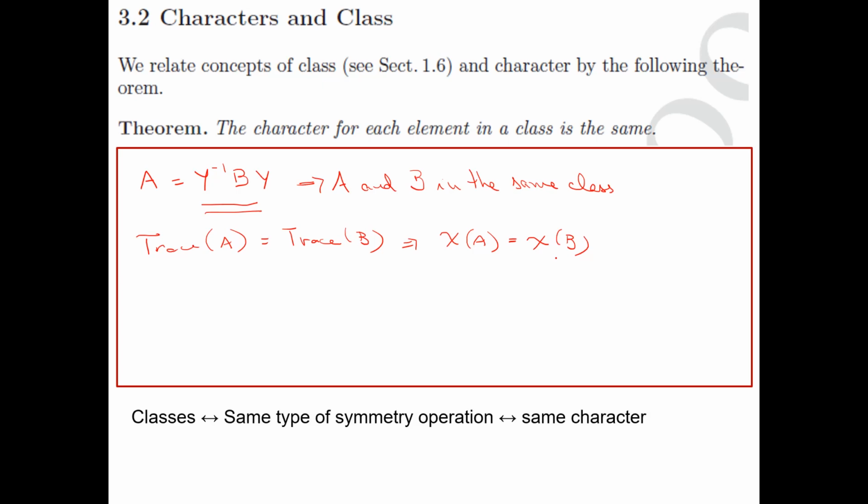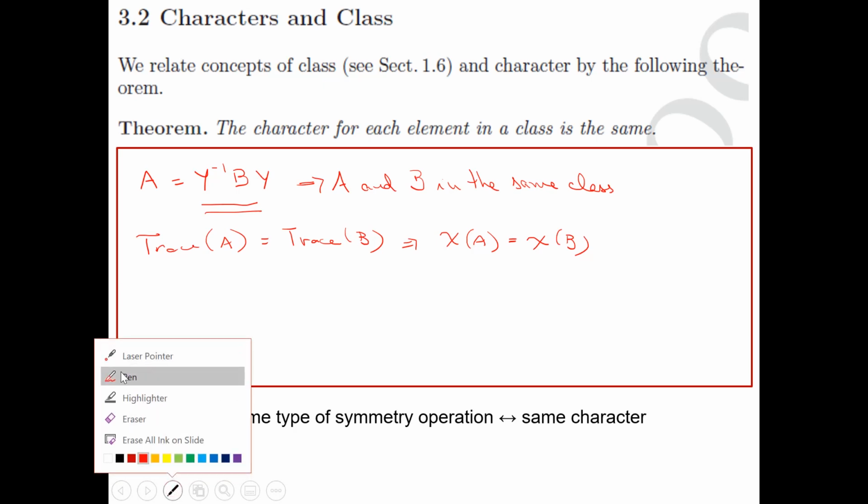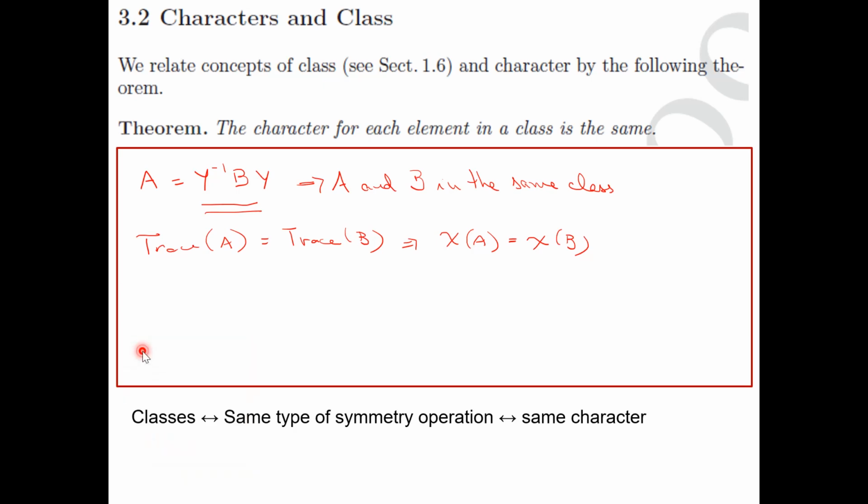This is, again, as I said, a very useful and important result regarding characters, and one of the reasons why characters are so useful is this correspondence. If you have the same type of symmetry operation, then two group elements that correspond to the same type of symmetry operation will belong to the same class, and then they will have the same character.